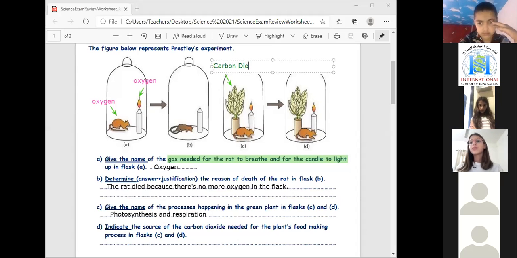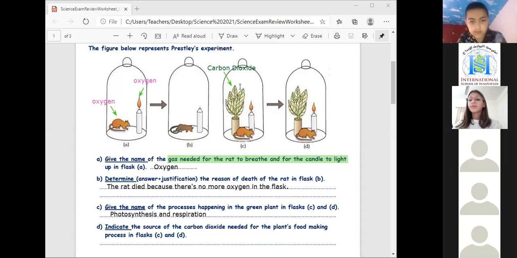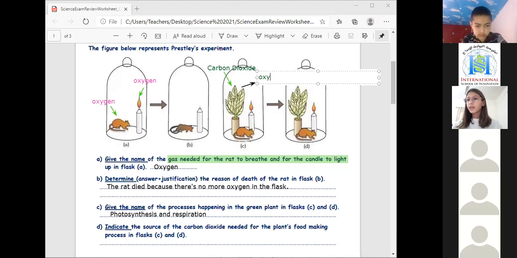They use carbon dioxide from the air, water from the soil, and the sunlight energy. They mix all of these together to produce a kind of sugar, and they release oxygen. Excellent.